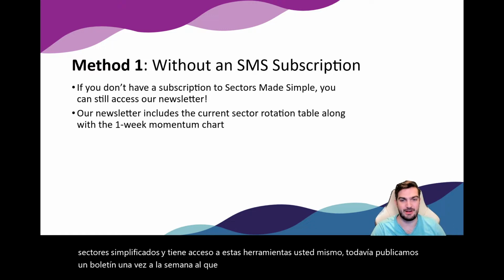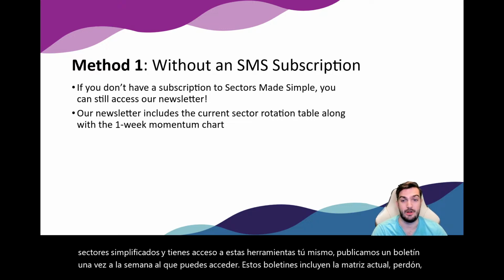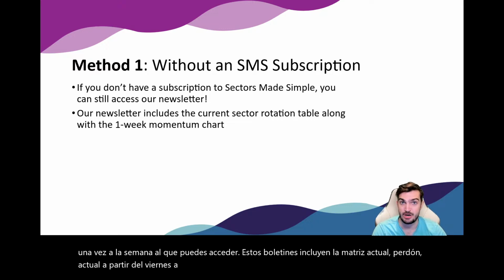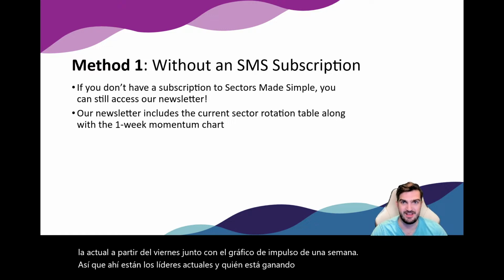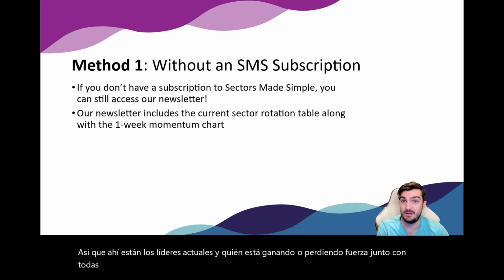These newsletters include the current matrix as of Friday, along with the 1 week momentum chart. So there you get the current leaders and who's gaining or losing strength, along with all of my insights as to what is moving the market and why it's moving.